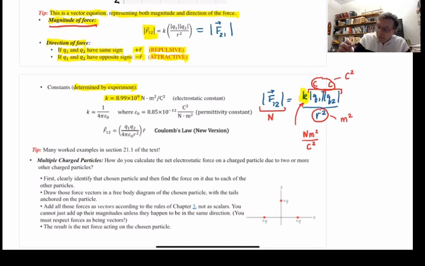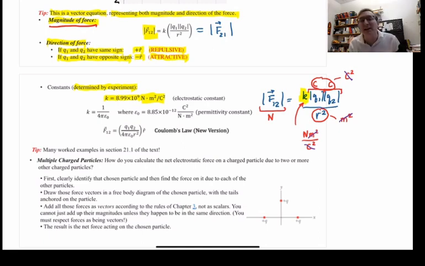So that when we multiply by Q1, Q2, the coulomb squareds cancel, and when we divide by r squared, the meter squared and the meter squared cancel, and we have newtons. So that's why the units of this electrostatic constant, little k, are newton times meter squared over coulomb squared. You can just take that to be a measured constant in Coulomb's law.